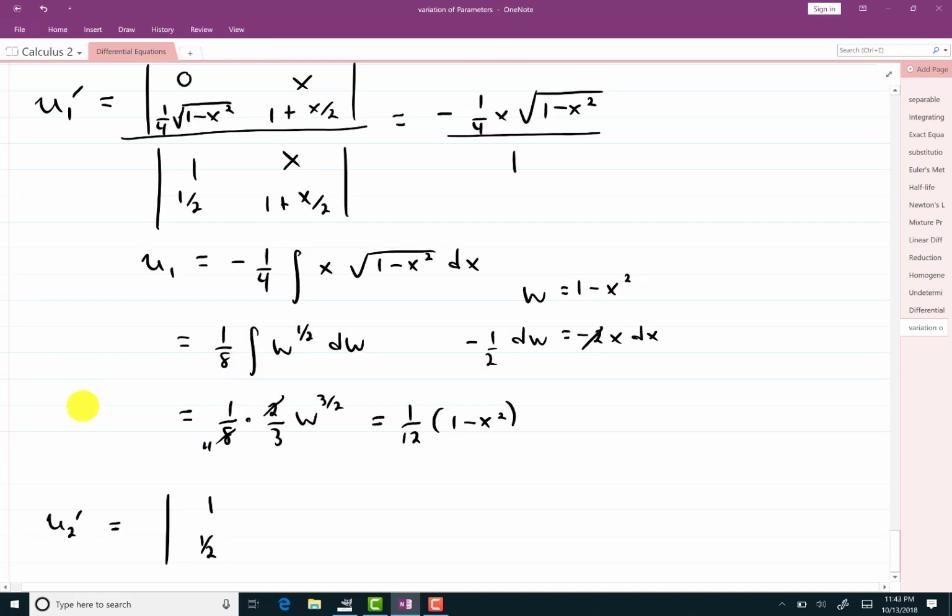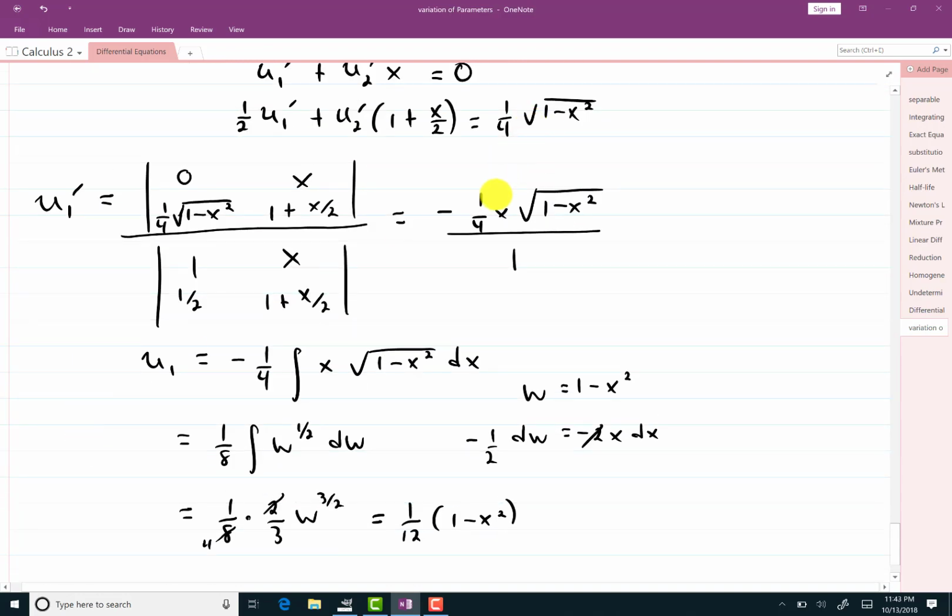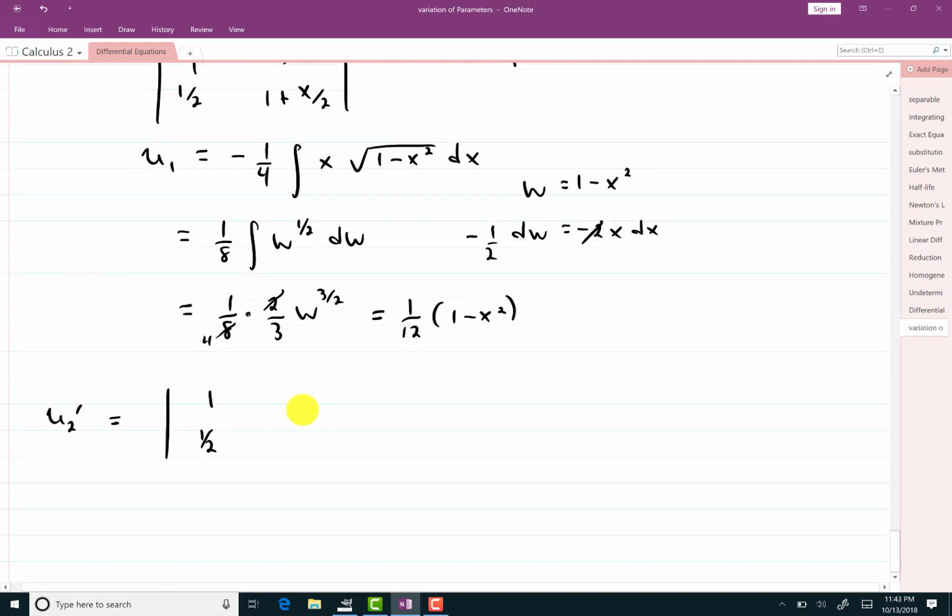And the other side was 0, 1/4. We already did the Wronskian in the last problem, so I'll put a 1 there. So I'll just get 1/4 times the square root of 1 minus x squared. Well, u2 will be the integral of that.